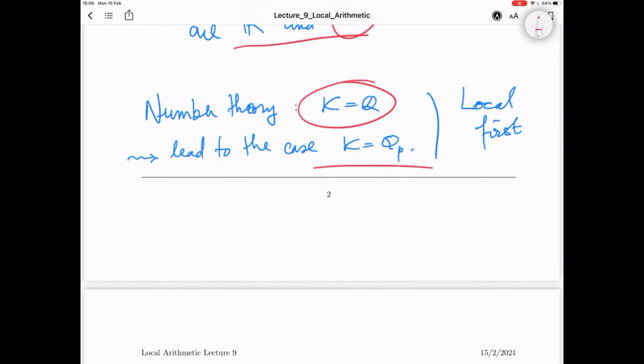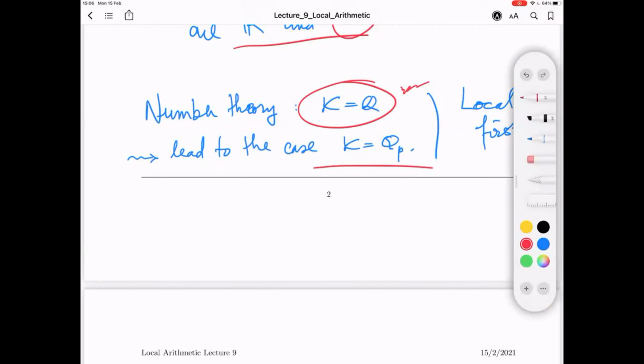And whenever you have a global problem, like understand what happens over Q, you should always first consider the corresponding local question. So here the local question is, what are all finite extensions of Q_p? That's what motivates us to begin with.